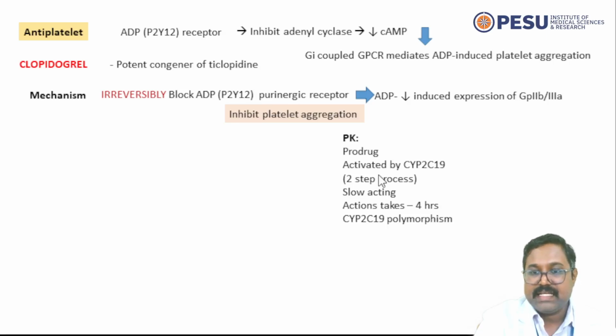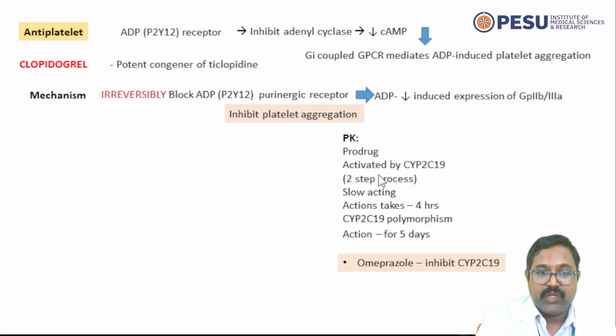Whenever there is a CYP2C19 polymorphism in an individual, you can have a decreased clopidogrel effect with respect to the antiplatelet action. The action will remain for 5 days.